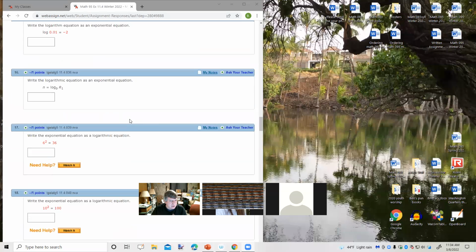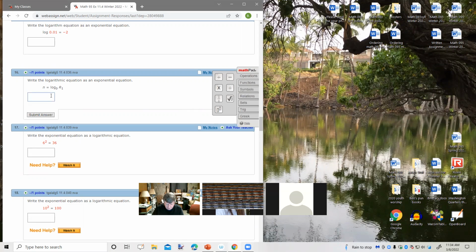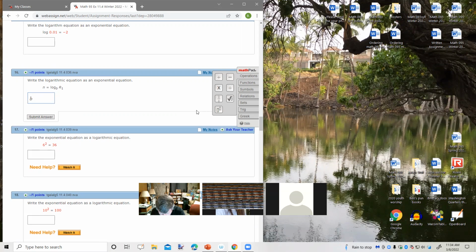Okay, so let's take a look at number 16. And our answer should be b to the n equals r sub 1. So I click on that, and I got b to the n, and then over there equals. Now I need a subscript.